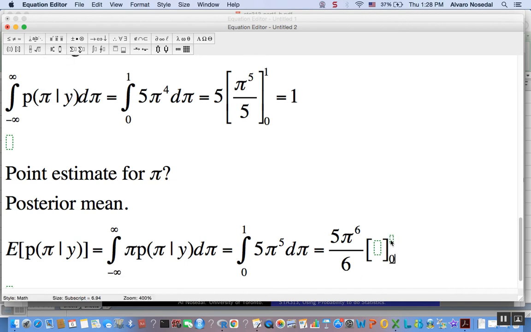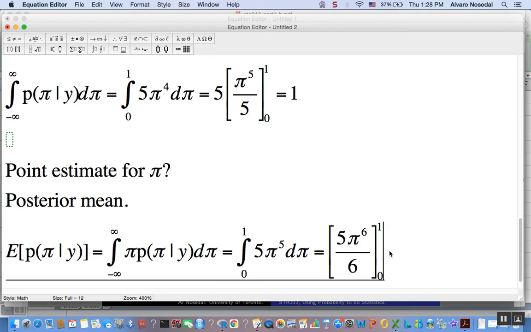So in the end, we have 5 over 6. That would be our point estimate for that proportion, if we wanted a point estimate.